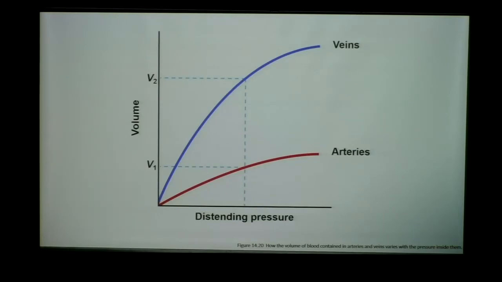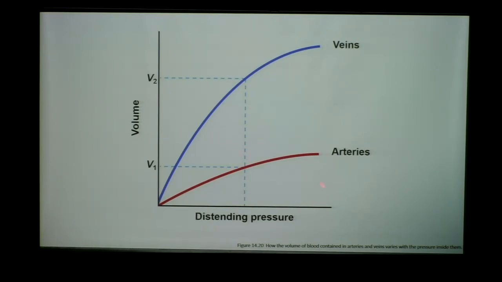So this graph compares compliance of arteries and compliance of veins. And what we see is that veins can accommodate a large change in volume without very much change in pressure. And arteries cannot accommodate much volume, right? They're much less compliant. And so they generate a lot of pressure for the slightest change in volume, okay?